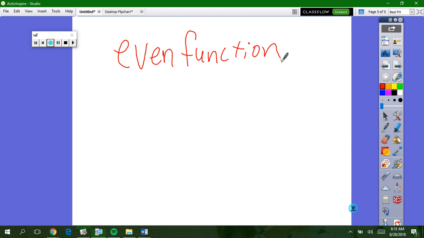So even function, ladies and gentlemen. It doesn't necessarily mean it has to have an even power as its degree. What it means is if I have f of x, a regular function, and I replace x with the opposite x value, that's what that means, opposite x value, right?